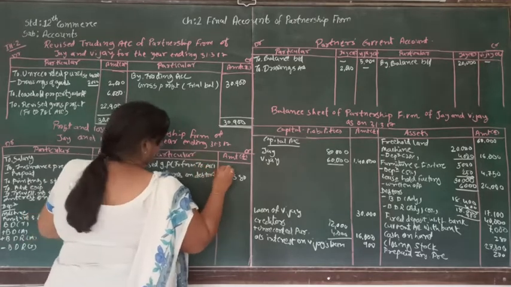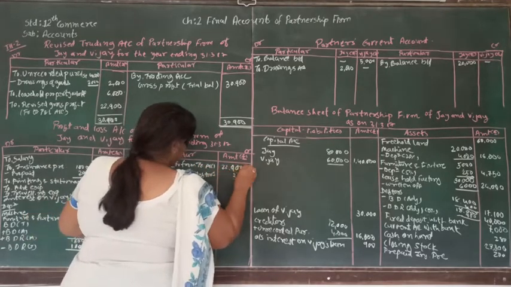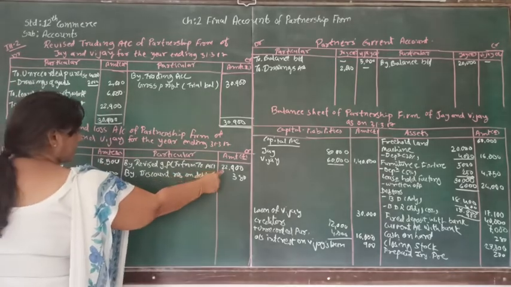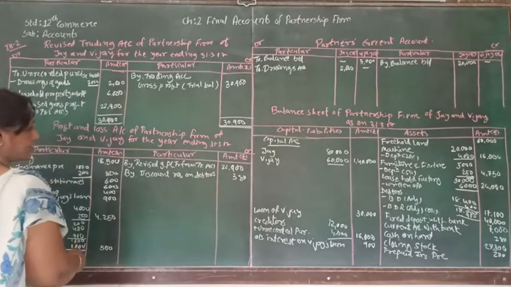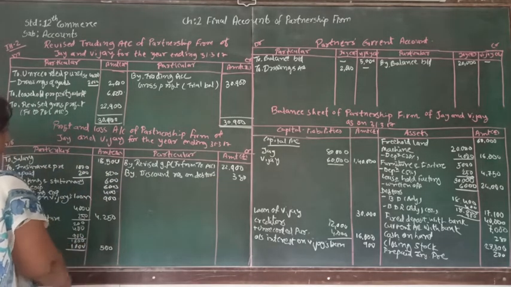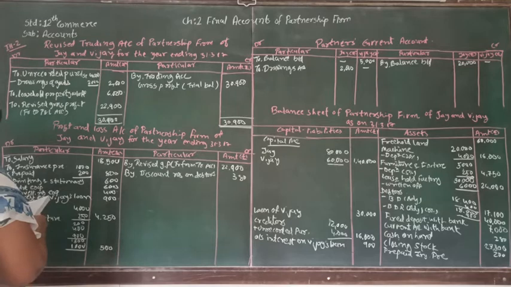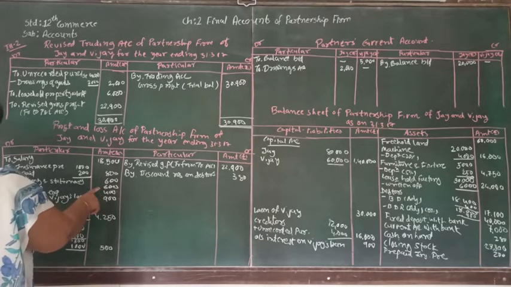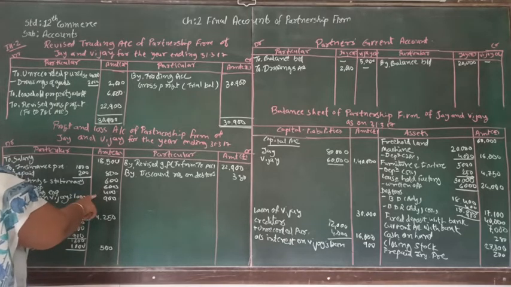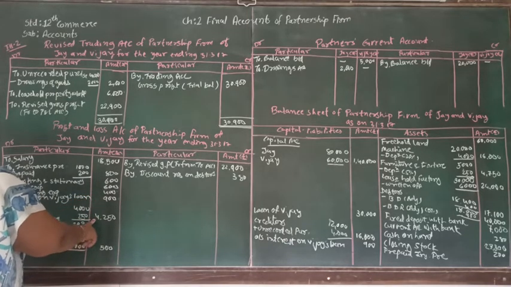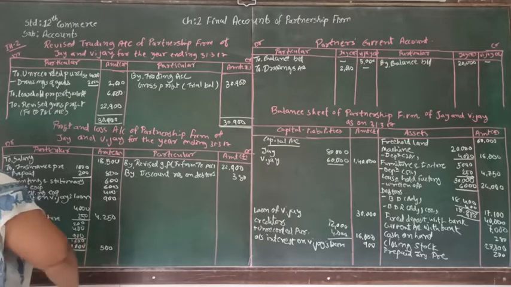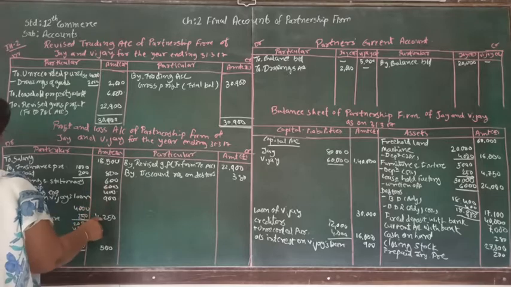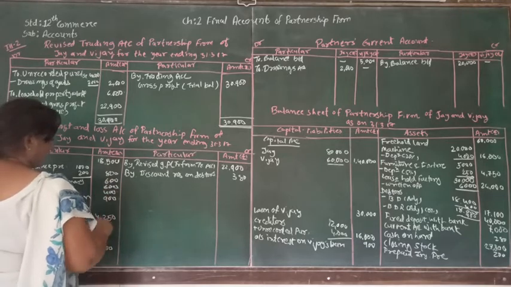It is 22,900. Now let's see, we said the total is more. Here we can see this is the 22,900 and 380. But this time on the other side the total, we can see, is 18,500, 800, then 600, then again 600, 400, 900, 4,250 and 500. So the total of this side is more than that side.